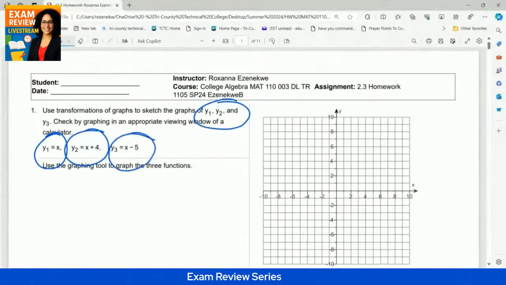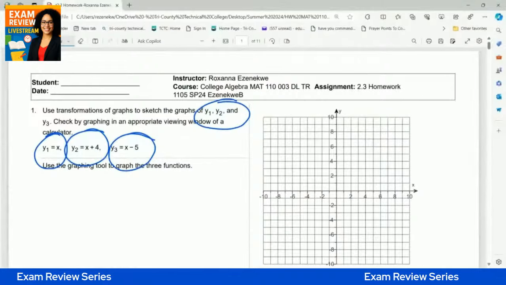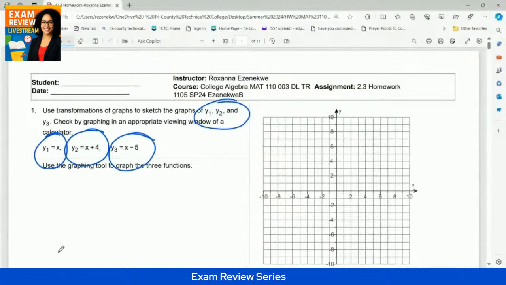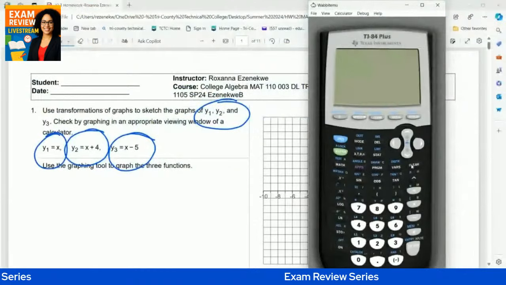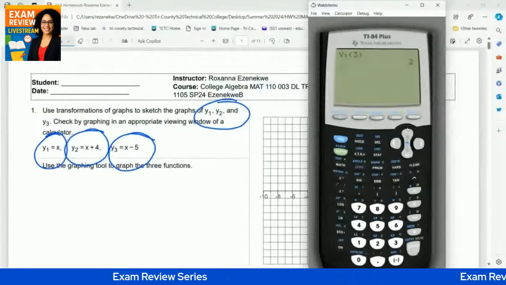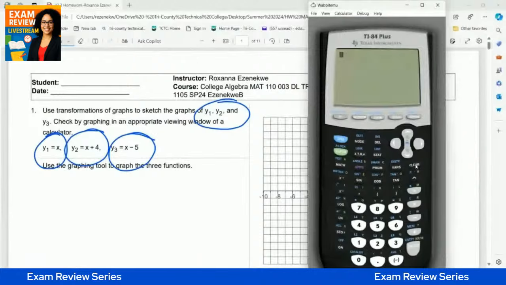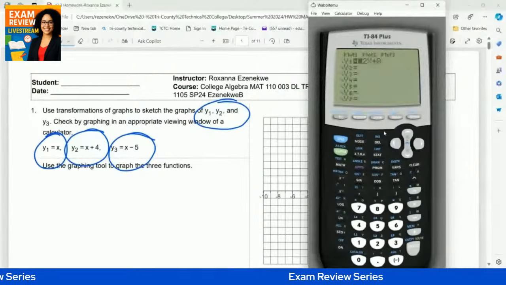You can get your calculator and graph them to see. Let's graph them. I'm going to get my calculator again and turn it on. There are a whole lot of things you can do with your calculator. Your book actually showed you how to use the calculator.